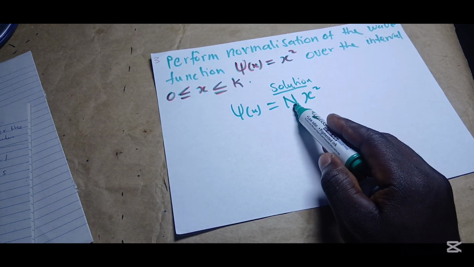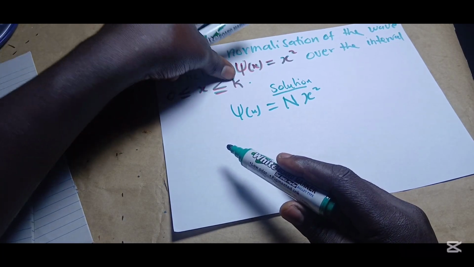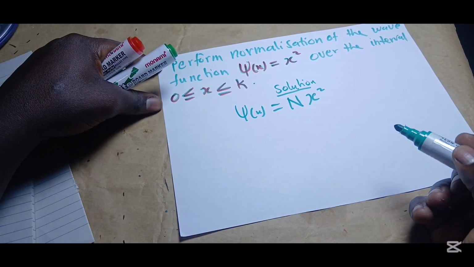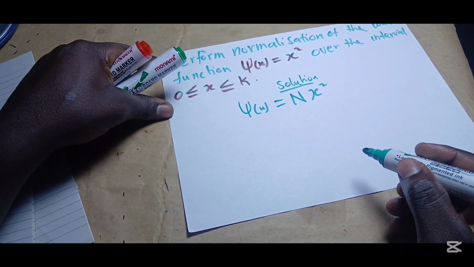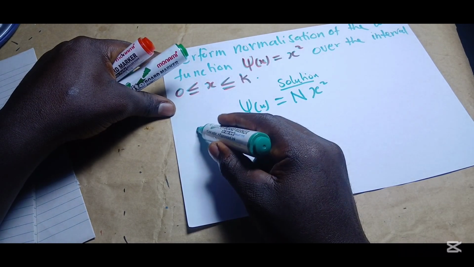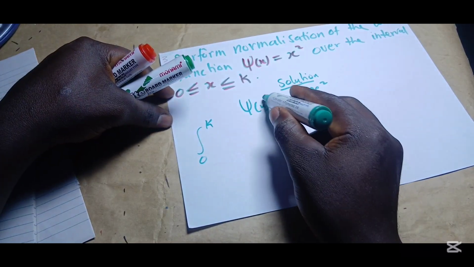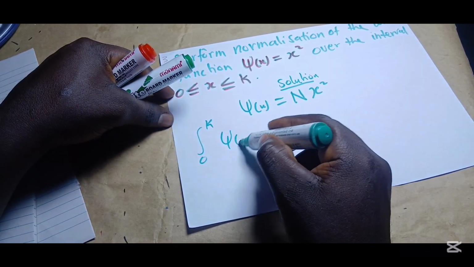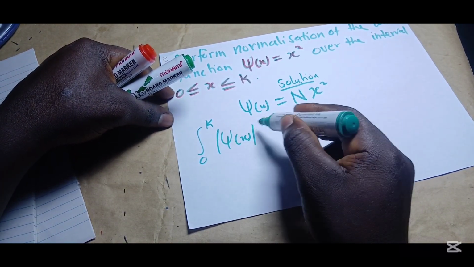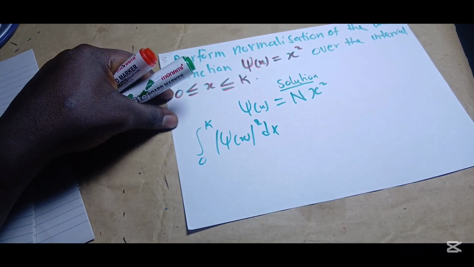Now we are going to solve for this, and we've been given an interval from 0 to k. So to normalize this, we take the integral from 0 to k of the wave function squared dx.